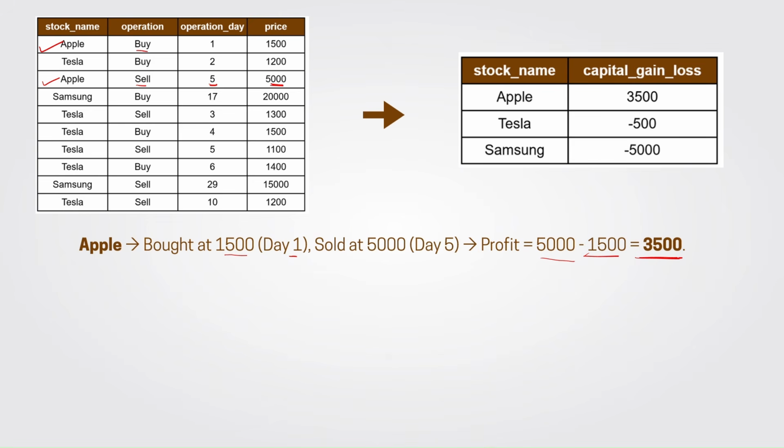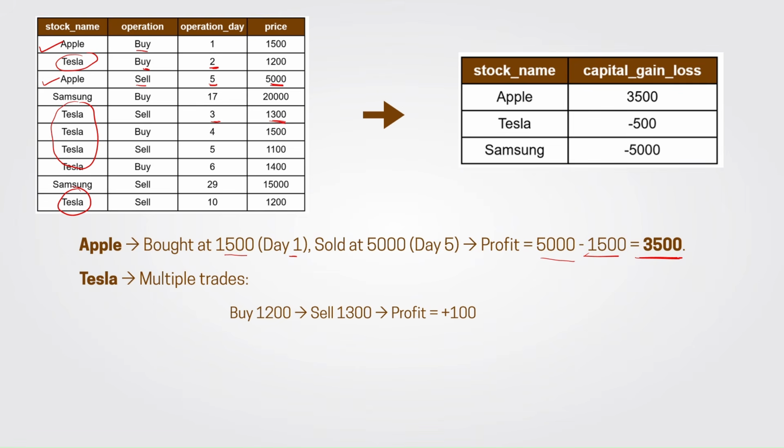Now secondly, if you see for Tesla, there are multiple trades. The second row denotes your Tesla, then you have these 4, and then you have the last one. So for Tesla, you buy a stock on operation day 2 for the price 1200, and you sell it for 1300 on operation day 3.